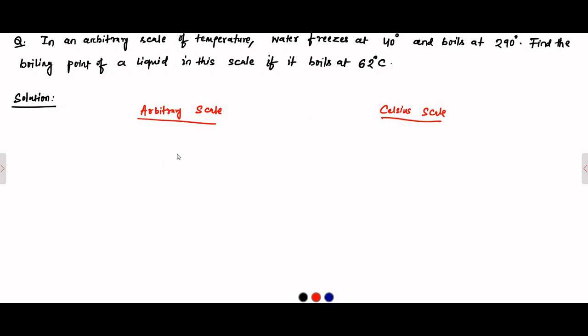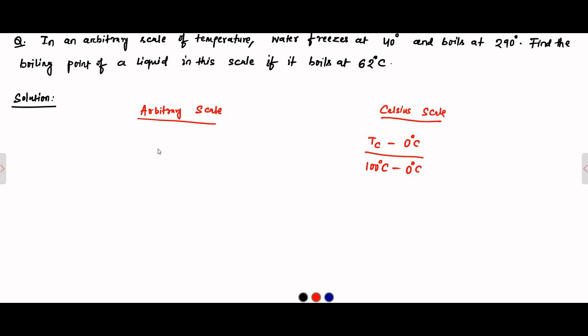So the basic concept is that we have to take the reading in one scale minus the lower fixed point for that scale, which for Celsius is 0 degrees Celsius, by the upper fixed point, which is 100 degrees Celsius, the boiling point of water, minus the lower fixed point.